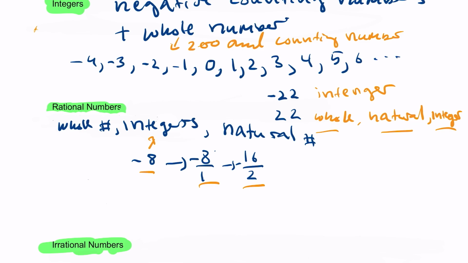An integer is the natural numbers as negatives plus the whole numbers. So -8 is only an integer and a rational number. It's not a natural number because it's negative. It's not a whole number because it's negative. That's the bottom line.